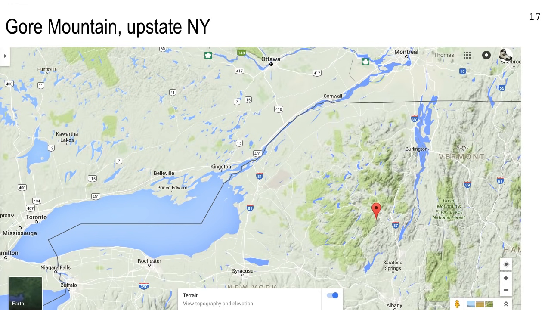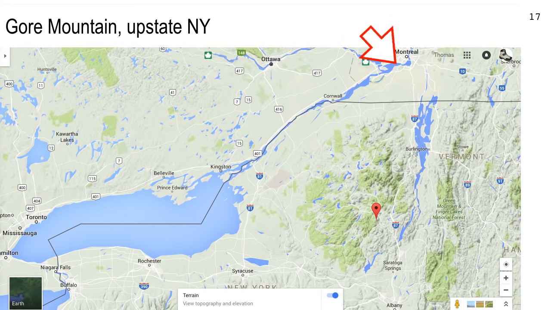Gore Mountain, there's garnet. Garnet is a red gemstone. One famous place where it's been mined is upstate New York, in a place called Gore Mountain. And just so you can orient yourself to the map, here's Albany, New York down here in the lower right side.